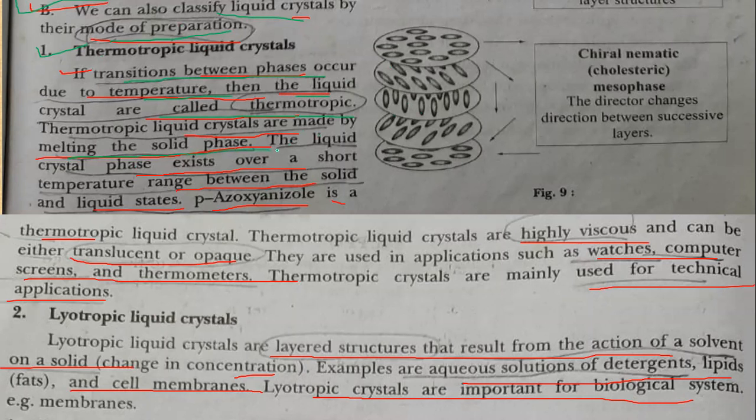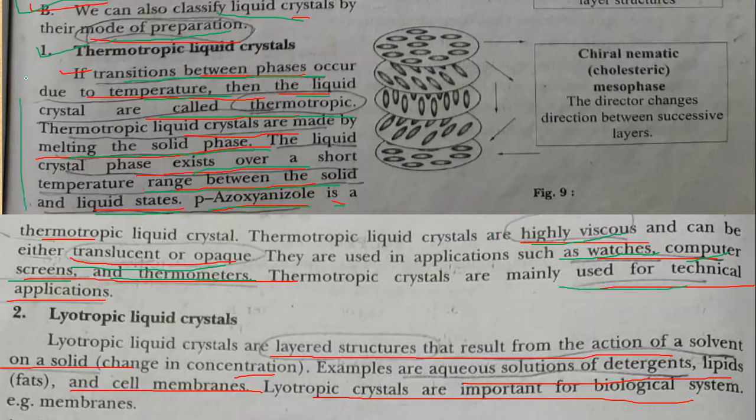The liquid crystal phases exist over a shorter temperature range between the solid and the liquid state. Para-azoxyanisole is one of the examples of this. They are highly viscous, translucent and opaque. Thermotropic liquids are used in watches, computer screens, laptop screens, thermometers, TV screens.